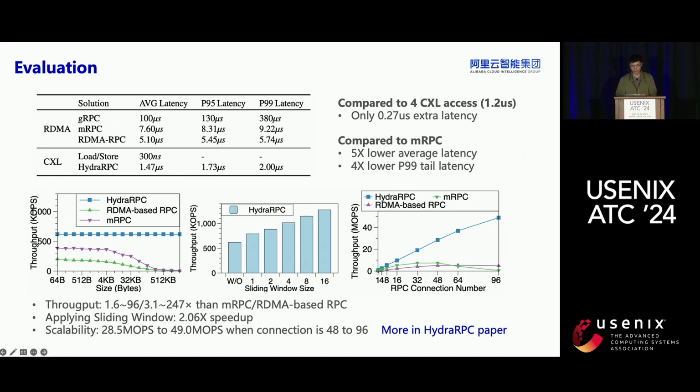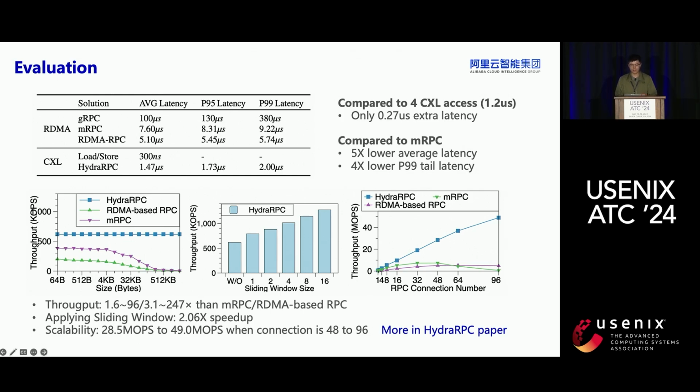As shown in the left figure, HydraRPC speeds up RPC and RDMA RPC by 100 times level when the size is from 64 bits to 2 megabits. The cause of performance degradation of RDMA RPC is that they are bounded by the maximum bandwidth of the network. In HydraRPC, the data can be updated in place, and it can further exploit the high bandwidth of CXL.